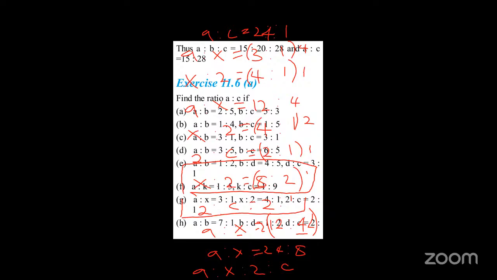Ukidisturb tena tutaenda kuitengeneza. So we retain it. We disturb hii ya kwanza ya A ratio X to make hiyo part ya X ikue na 8. So tuna multiply na 2 kwa hiyo ratio ndio ifanane na ile ya huko juu.